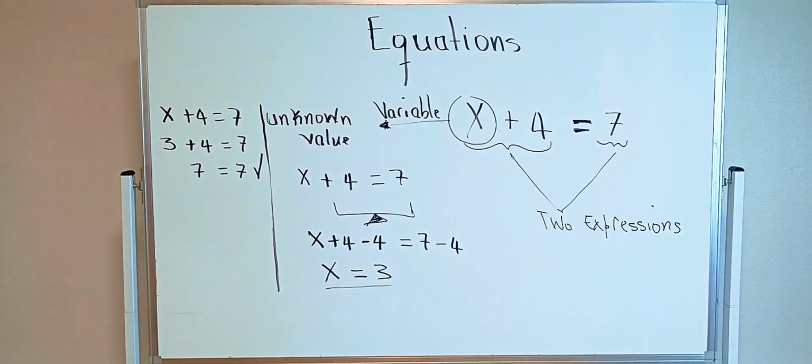Well, I'm telling you right now that equation is not that difficult at all. So guys, let's keep going with another example and see if we could solve more exercises.